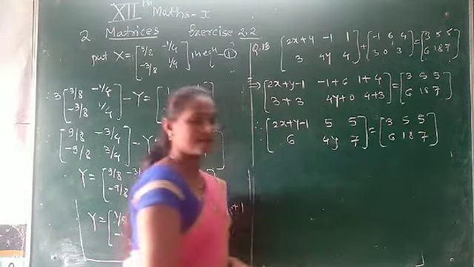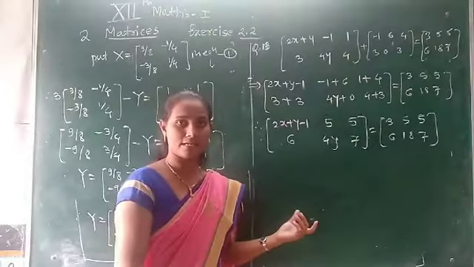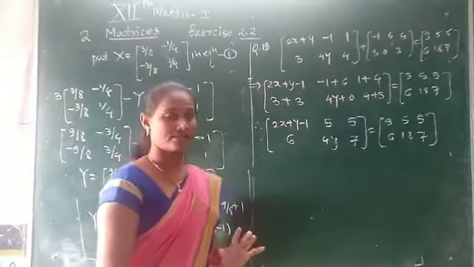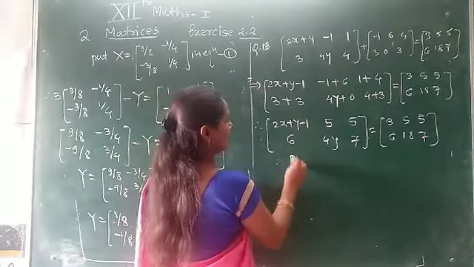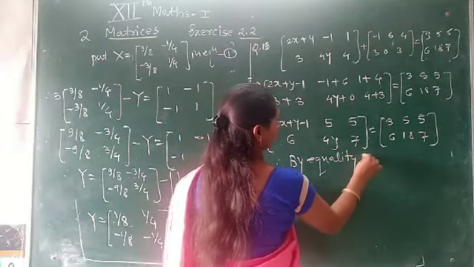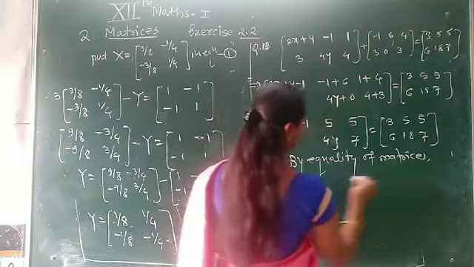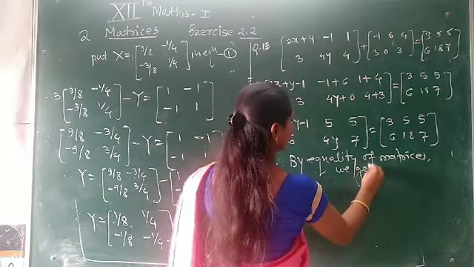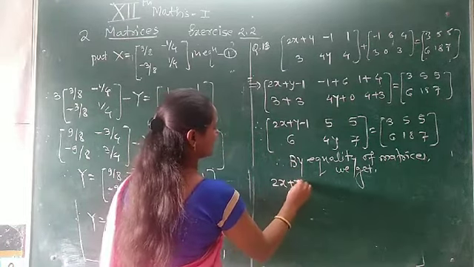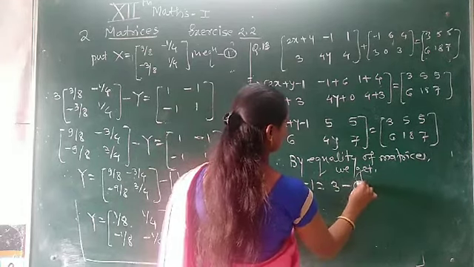These two matrices are equal, and in the last lecture we saw equality of matrices. If matrices are equal, then the corresponding elements are the same. Therefore by equality of matrices, we get 2x plus y minus 1 is equal to 3, equation number 1.